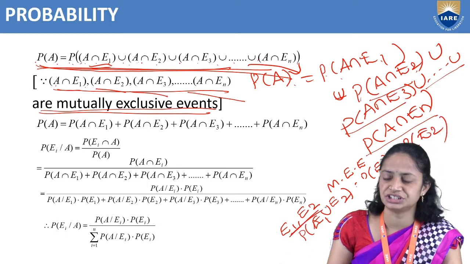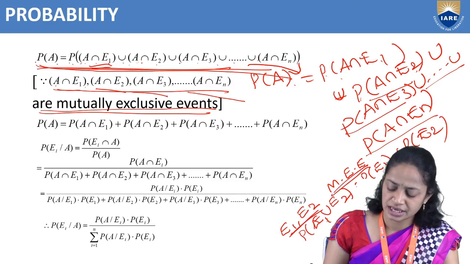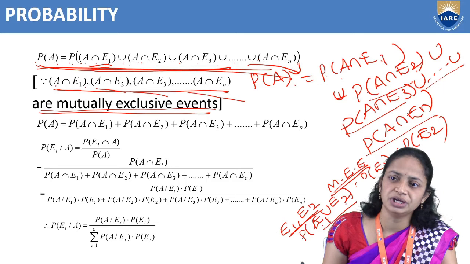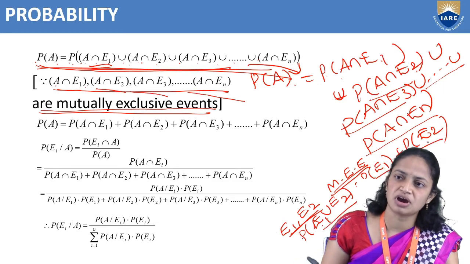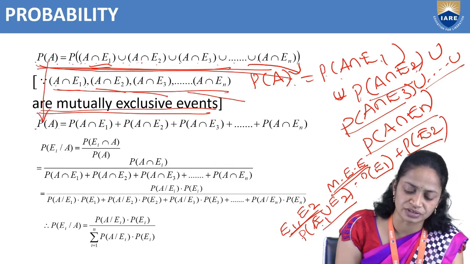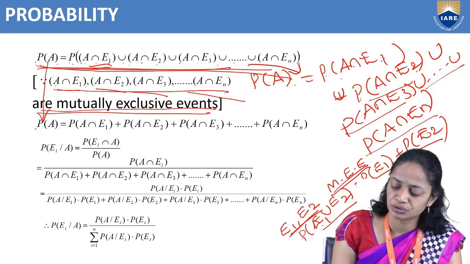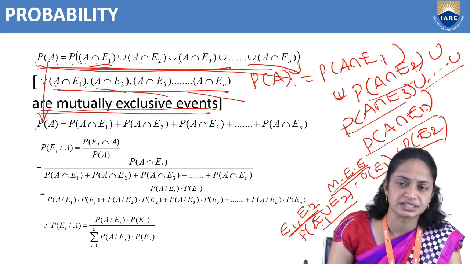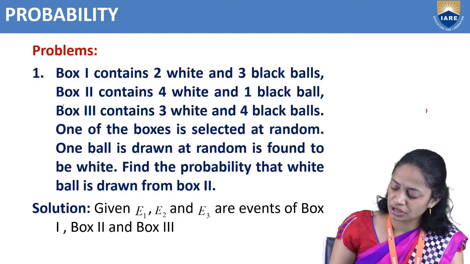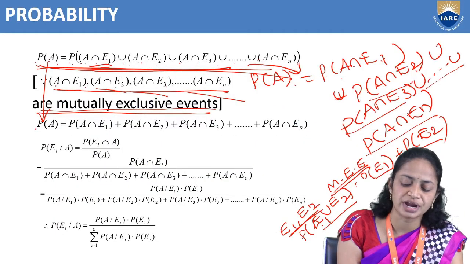So here, A intersection E1, A intersection E2 and so on A intersection En are mutually exclusive events.